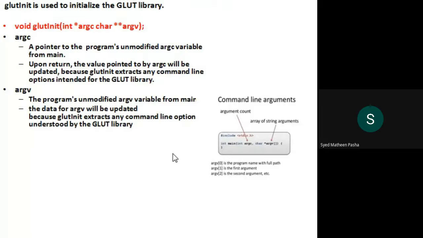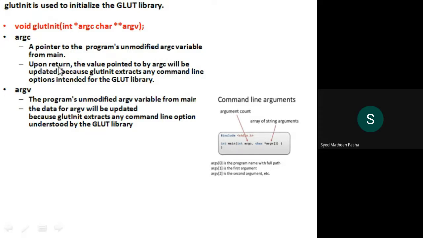Then, as this is the main program, this gives the explanation of the main program. What happens in argc? Basically, argc is a pointer to the program's unmodified argument count variable from main. This basically points to the program's variable. Then, as this is an argument count, it will return some value.